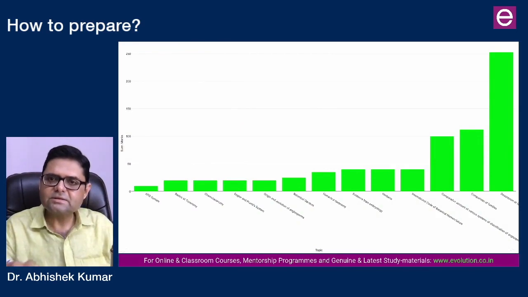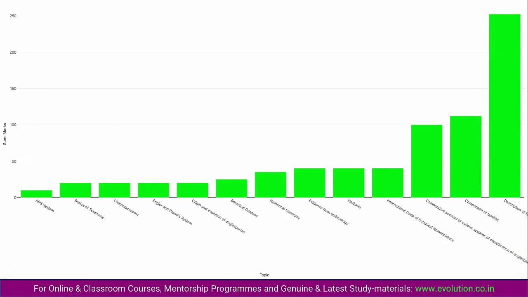So this is a bar chart. I am making a full screen illustration. If you want, at this point you can pause the video and carefully study this bar chart. On the y-axis you have the total marks allocated in the last 10 years.